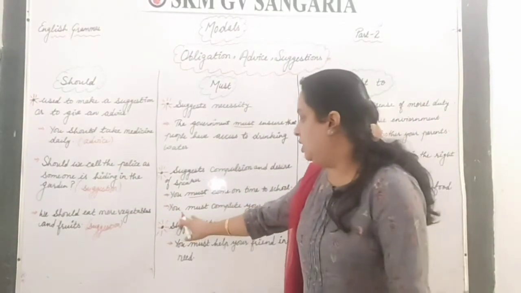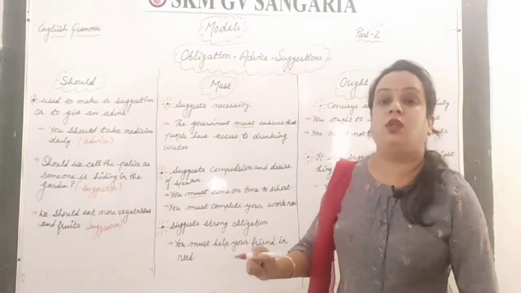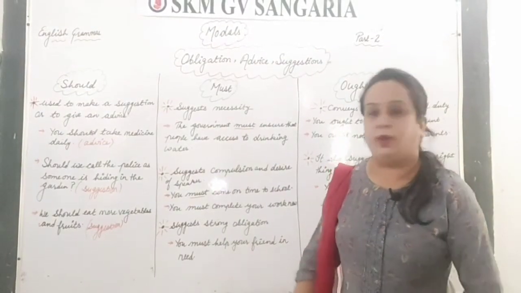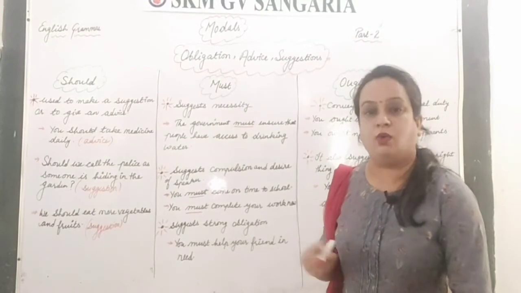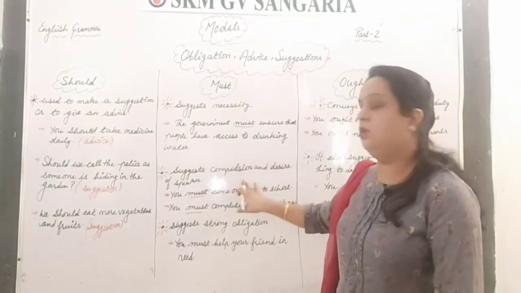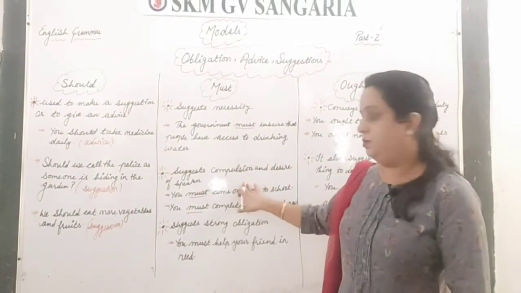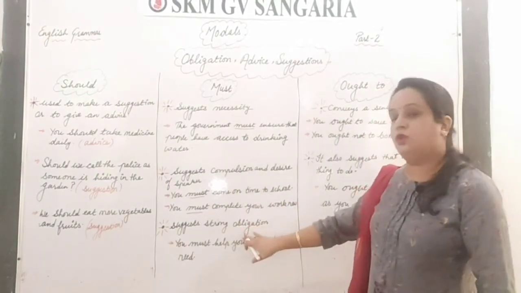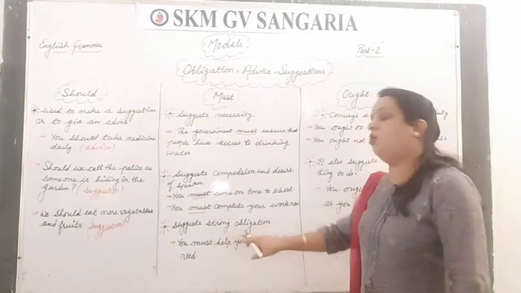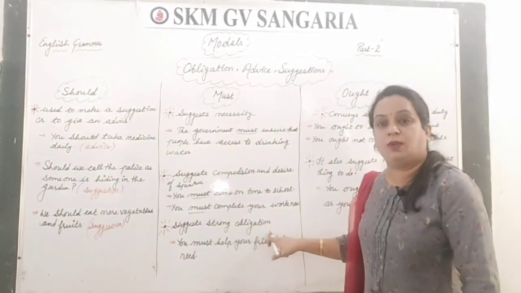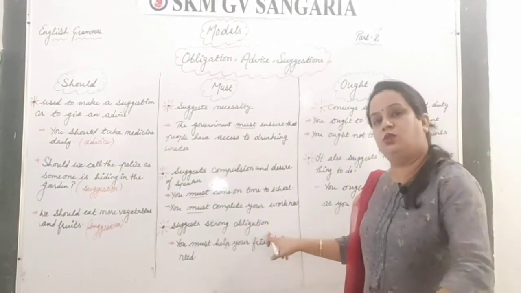Second example you can take, you must complete your work now as the schools are about to open. So for that we have to use must when there is a compulsion. Next one, use of must when this word suggests strong obligation that you have to do that particular thing.